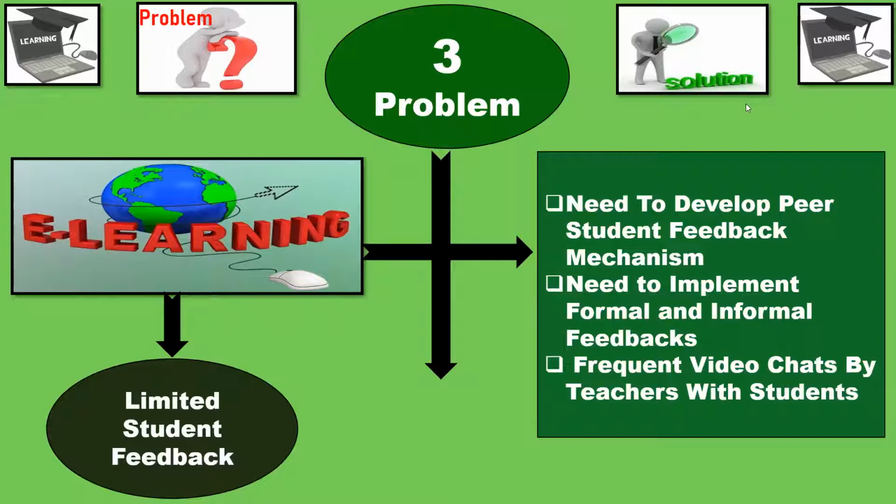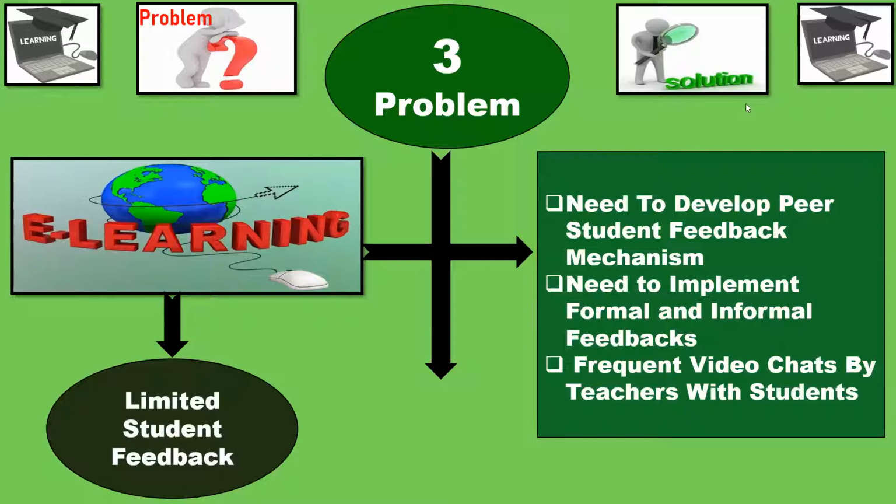How to avoid this? We need to develop a peer student feedback mechanism. This is very, very important. Earlier, I already said that we need to develop some sort of peer activities among the students. So among these peers, one student will give feedback on the performance of the other student, and vice versa. So that at their own level itself, students will have better reflections about their performances, knowledge levels, and learning attitude, everything.